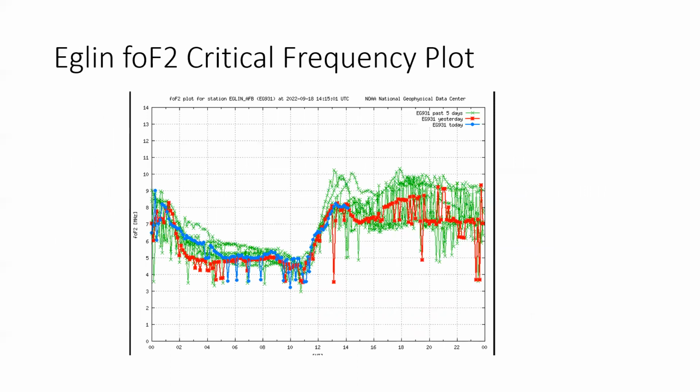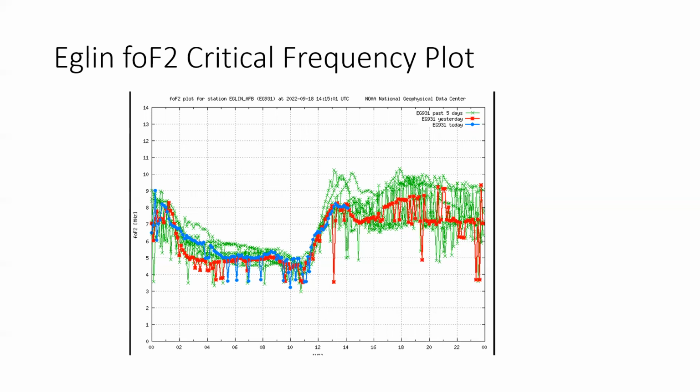Now, I found a page for the Eglin system that gives you a chart of basically foF2, and you can look at this at any time. And the blue trace, of course, this isn't in real time here, but the blue trace is the current day.